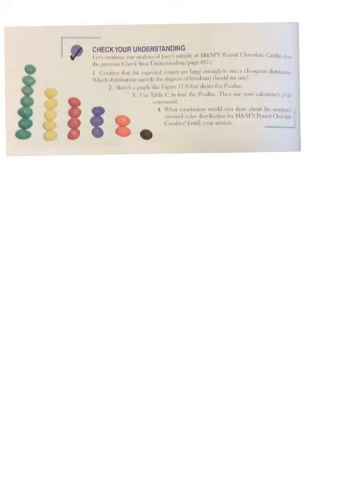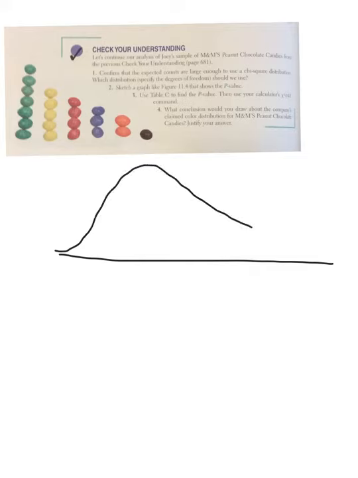Number two, sketch a graph of what it should look like. Our chi-square is going to look something like this, and it's always skewed to the right. But where's the hump, the middle of this thing? It's always 2 less than the number of categories you have. In this case, we have 6 categories, which means the middle would be right about at 4.